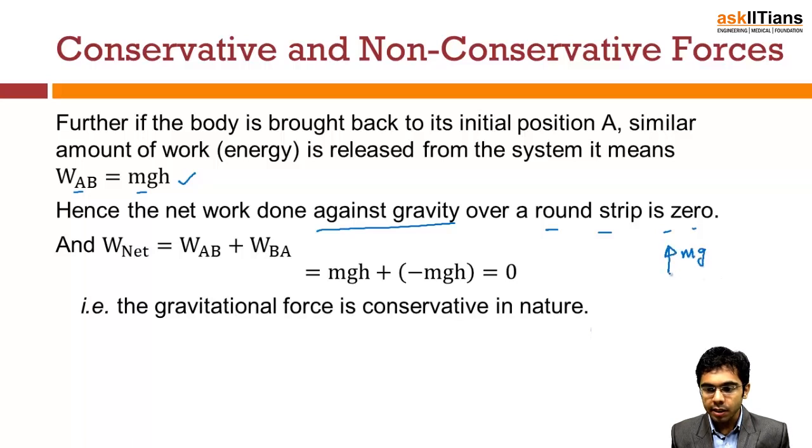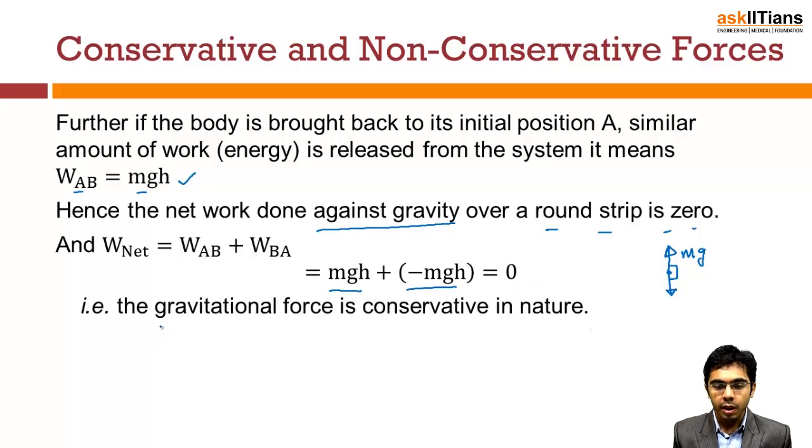But when the body is coming downwards, from point B to A, its displacement will be in this direction. So therefore cos 180 is minus 1. So it will be mgh plus minus of mgh, and this comes out to be 0.